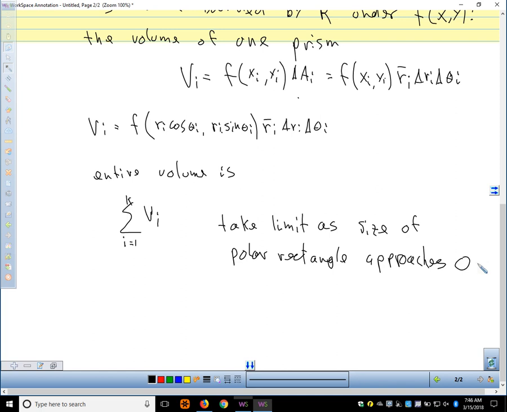And this is going to correspond to our definition of a double integral. So I'm going to switch pages here.